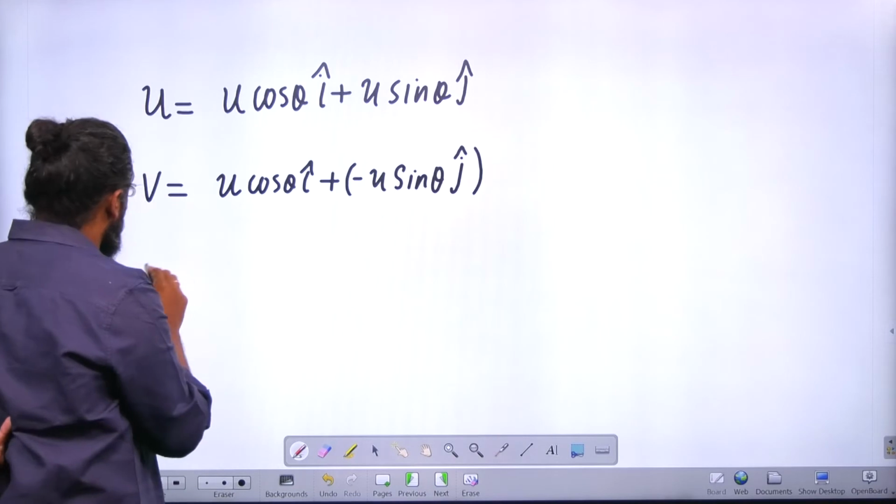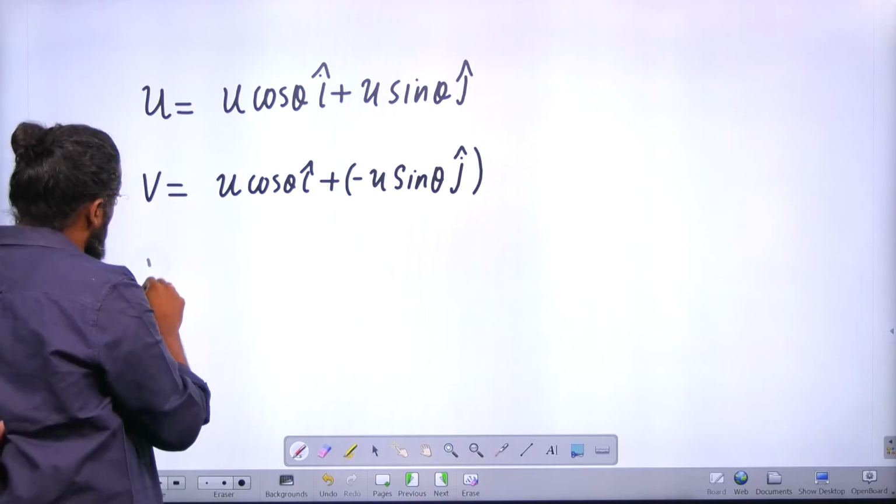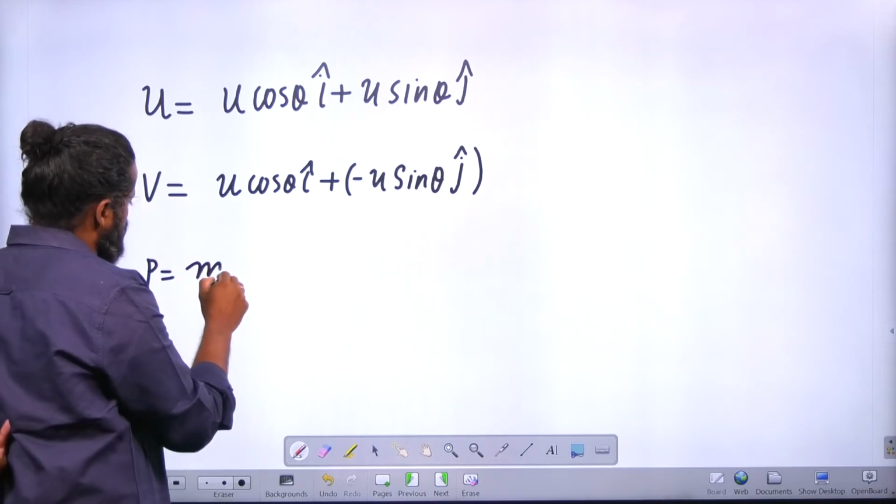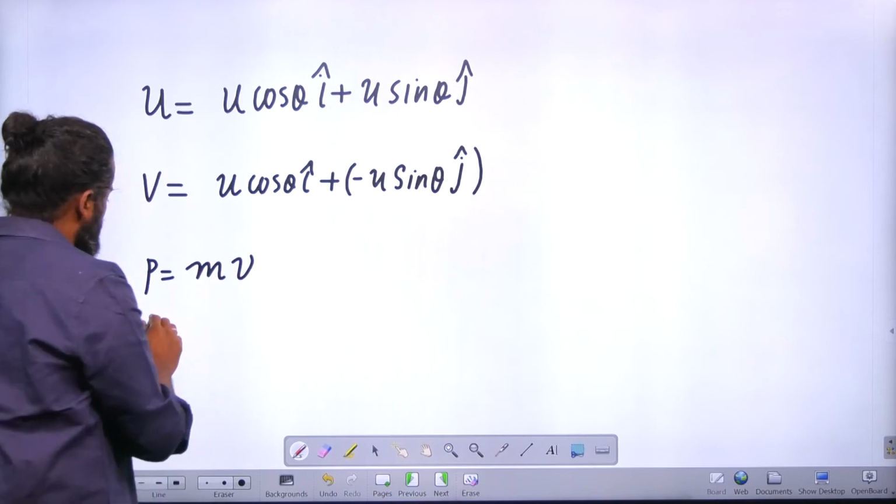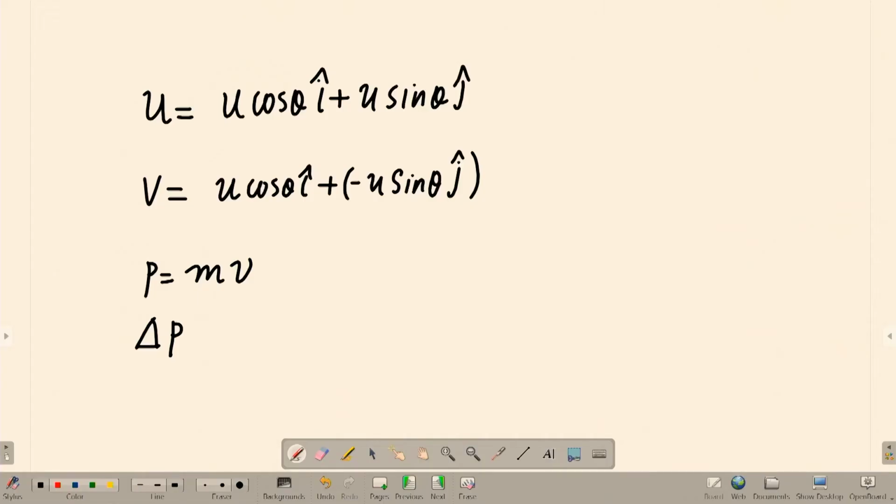Momentum is defined as mass into velocity, so delta p is equal to mass into final velocity minus initial velocity.